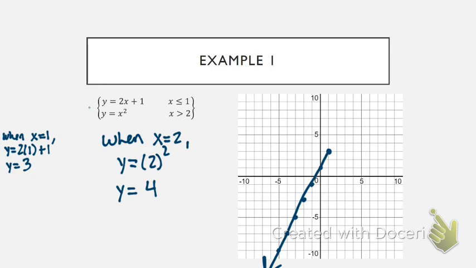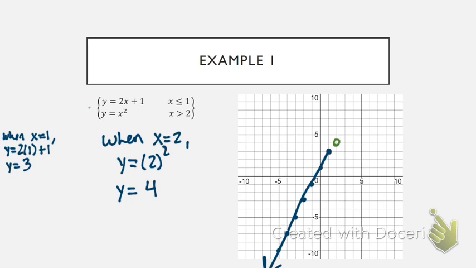Little trick here though. It starts at (2, 4), but there is not a line underneath my inequality. So since there is not a line under the inequality, when I go to (2, 4), here I'll do this in a different color, I'm going to have an open dot.